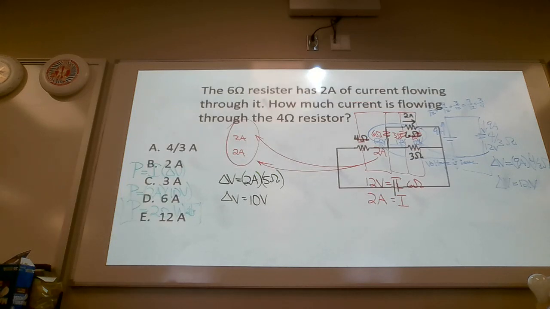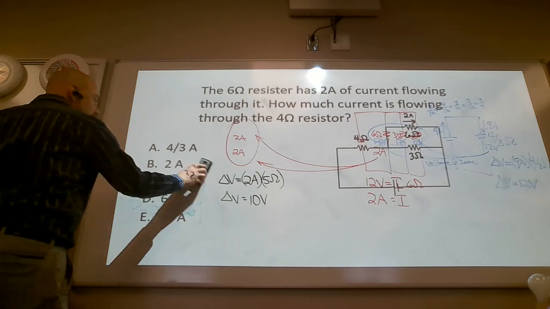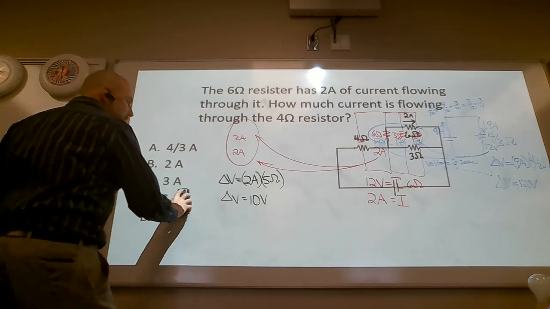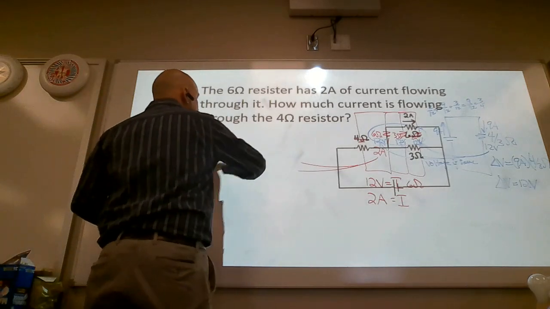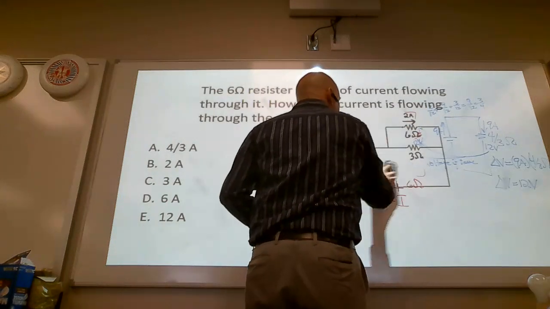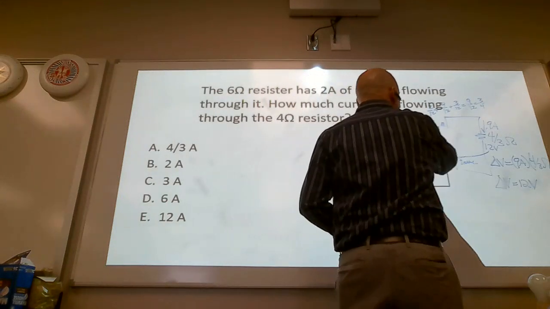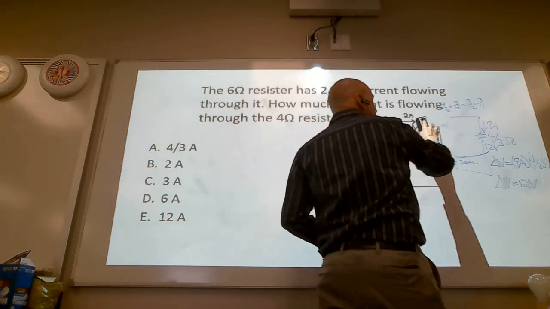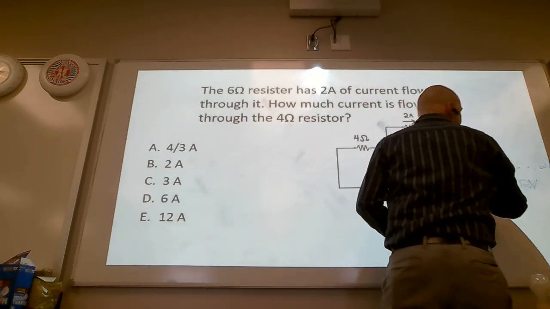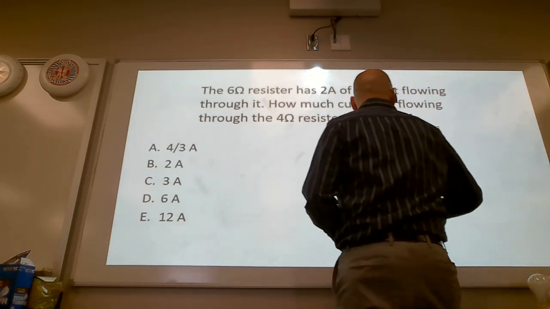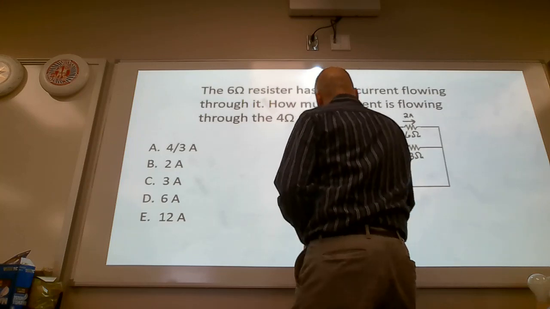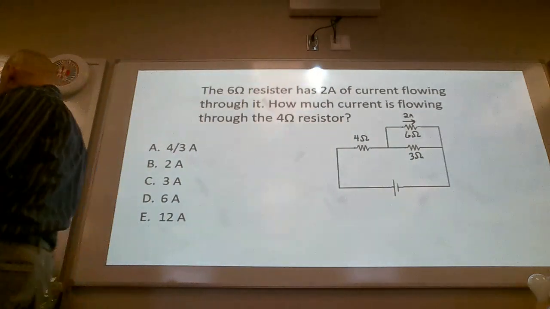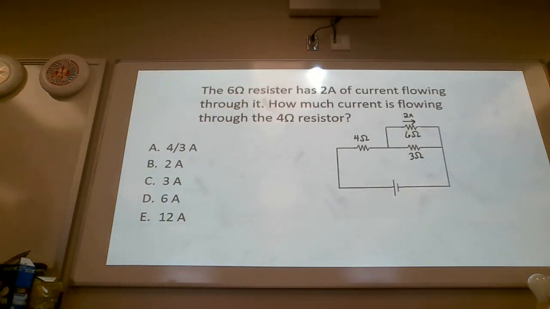Okay. This question here is a little different because I gave you information about an individual resistor and not information about the total circuit. So you're going to be using concepts and some math to figure this out.